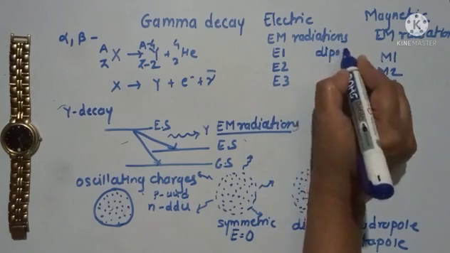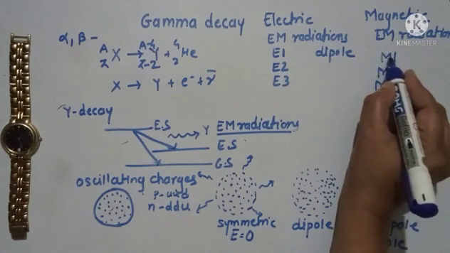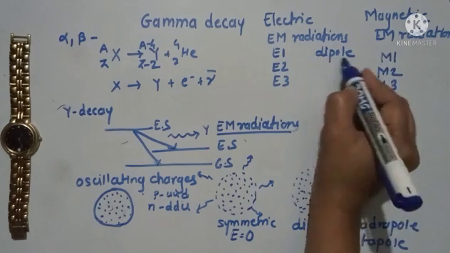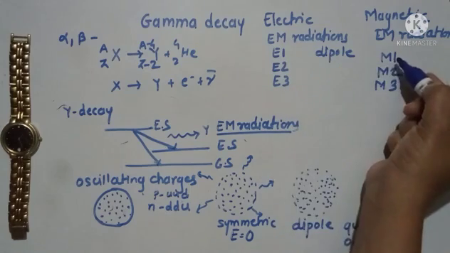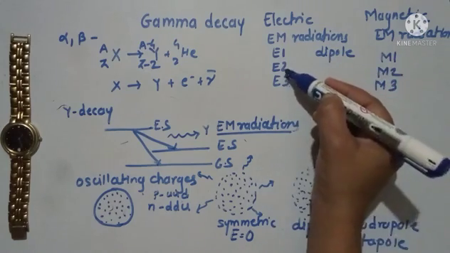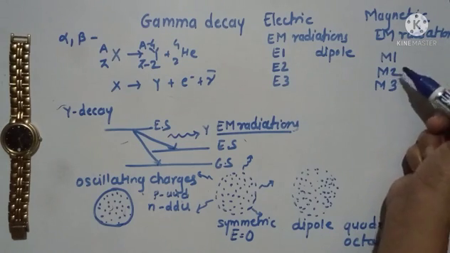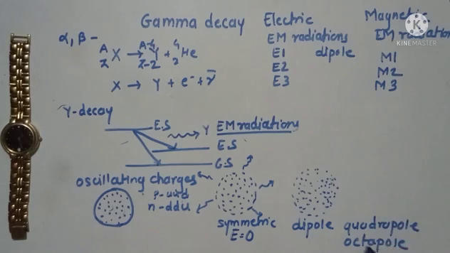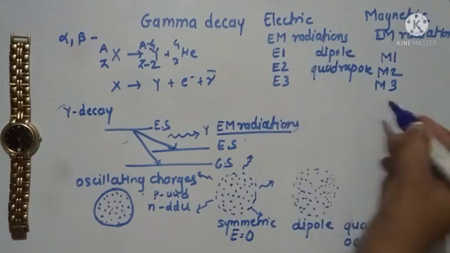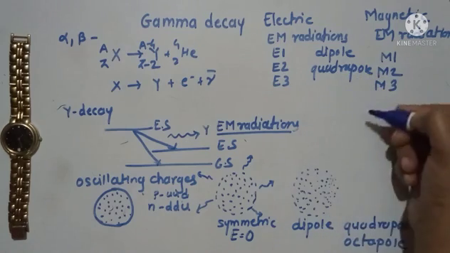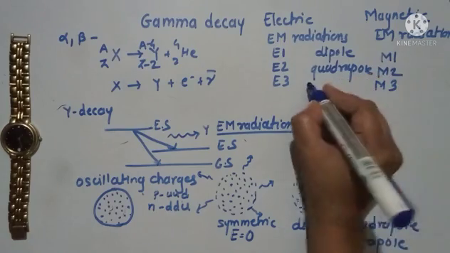So the electric and magnetic radiations generated due to the dipole charge distribution and its oscillations are called E1 and M1. E2 and M2 are the electric and magnetic radiations generated due to the quadrupole charge distribution, and E3 and M3 are the electric and magnetic radiations of the octupole charge distribution.